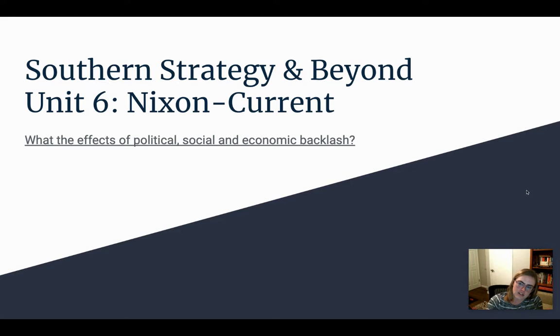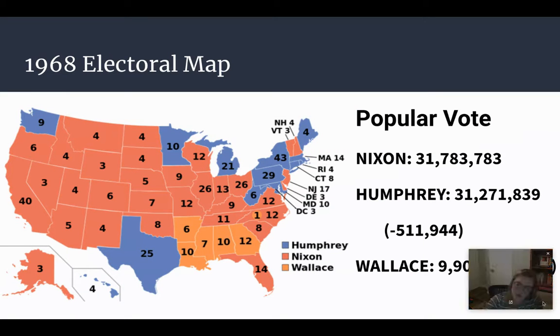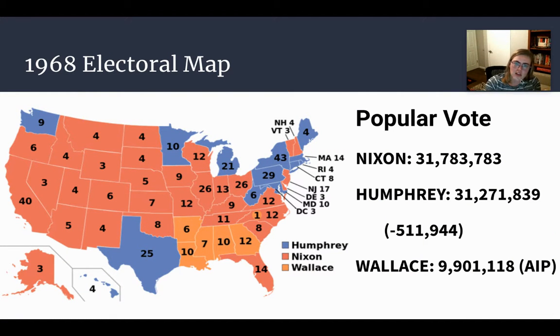But let's get into Mr. Nixon. All right, so this is the 1968 election. We've talked about this before, but I just want to point it out again because Nixon's going to come in and say that he has a lot of authority. He's got the support of the American people. But if we look at this, it's not as much in Nixon's favor as he would like to think.